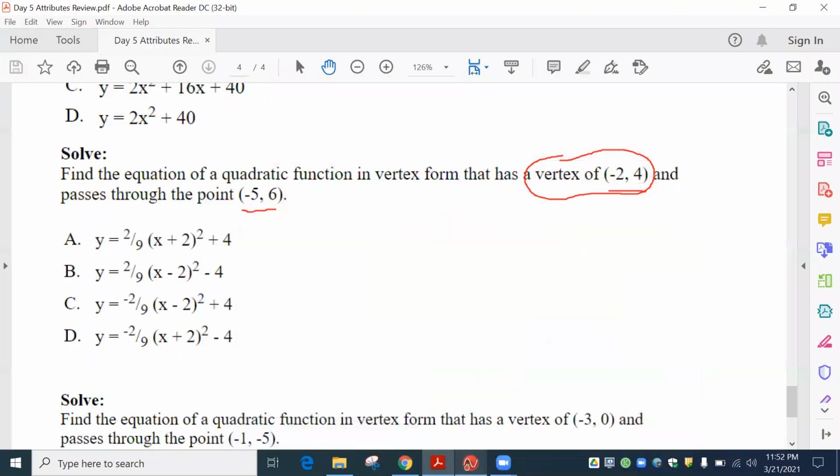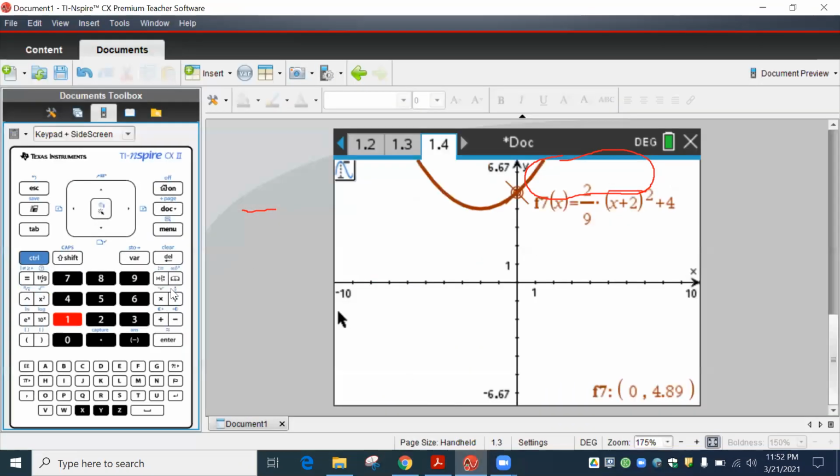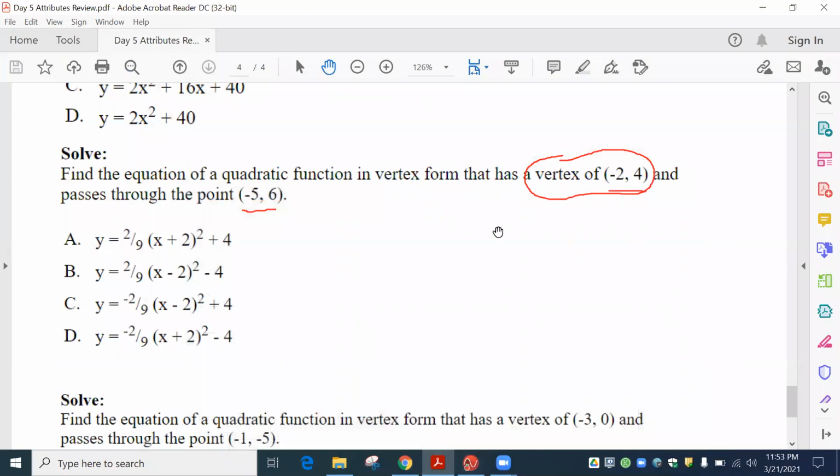And we are typing in, I'm going to check the vertex first, -2, +4. So I'm going to type in -2. All right, it says -2, +4. So that matches. Now we want to see if that other point is on this. So -5. So if this says 6, it does. This is my answer. So we had to confirm that this was the vertex, and then we just checked that point. We got it. A is my answer.